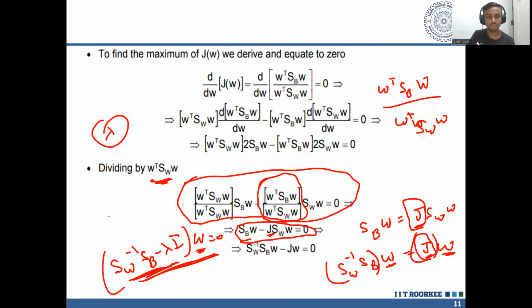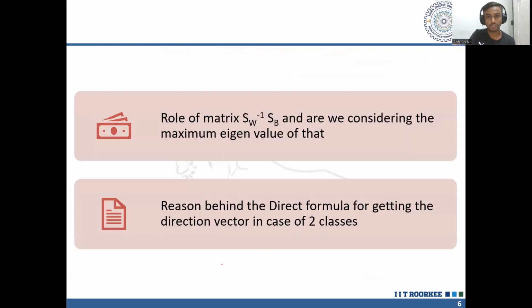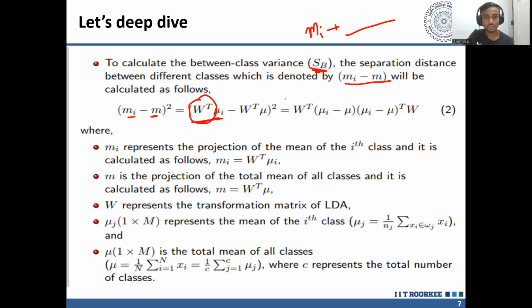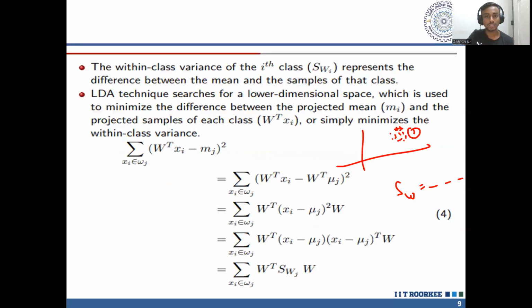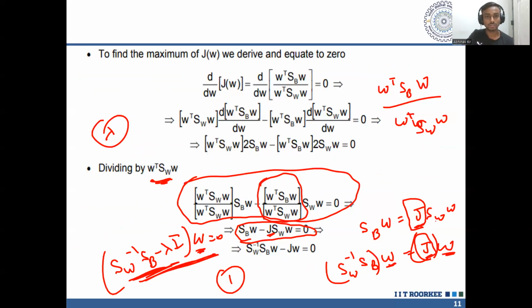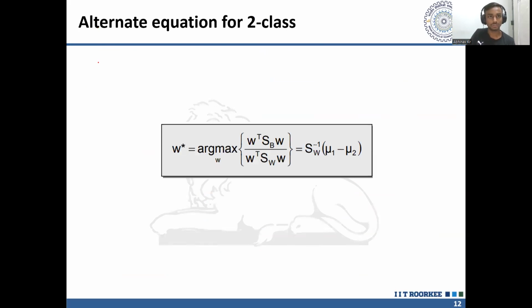So I explained the answer to my first question, which was why we are considering the maximum eigenvalue of this SW inverse SB. I think you understood why we are using SW inverse SB. And now I will be talking about this alternate equation.